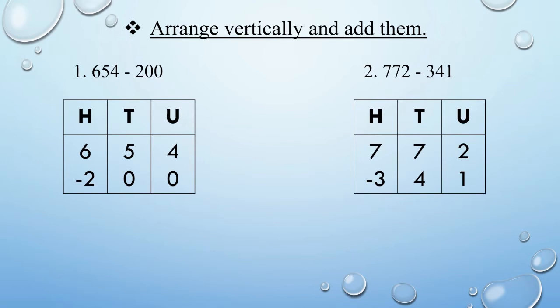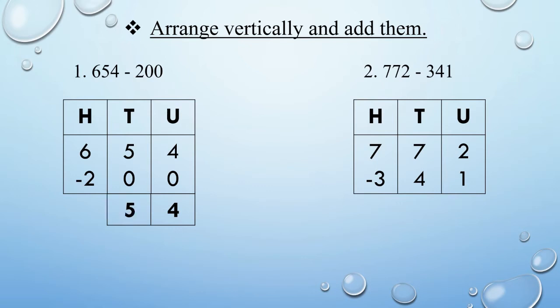We need to begin our subtraction from the unit column. Always remember, okay? Means 4 units minus 0 units is 4 units. Now let us move to the tens column. In the tens column, 5 tens minus 0 tens is 5 tens. Very good.